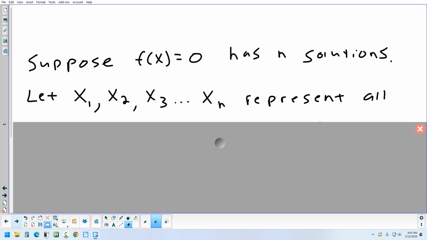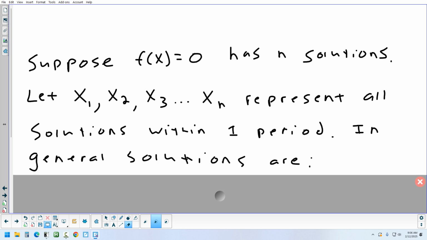All right, so now let's suppose that you graph a trig function and you find all the solutions within one cycle. So let's say x1, x2, x3, xn, those are all the different intersections that you found. You have to do every one of them.